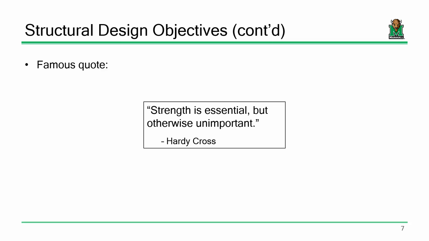I mean, there's a whole litany of other issues related to economy, related to constructability, and other issues that, to be honest, sometimes govern. And strength tends to sometimes not matter. So it's just something worth mentioning. All right. Everybody good? Any questions? Okay.